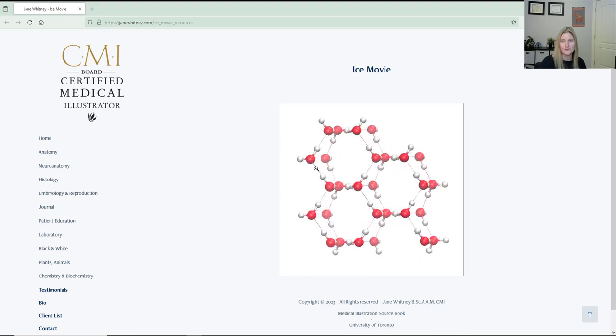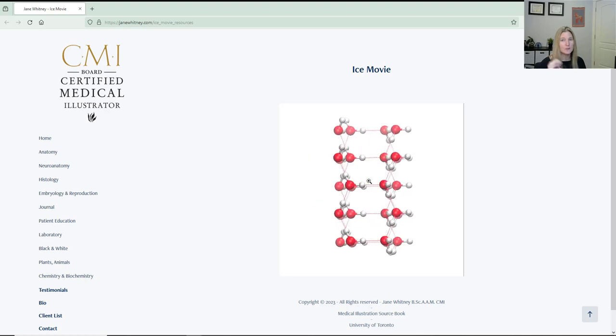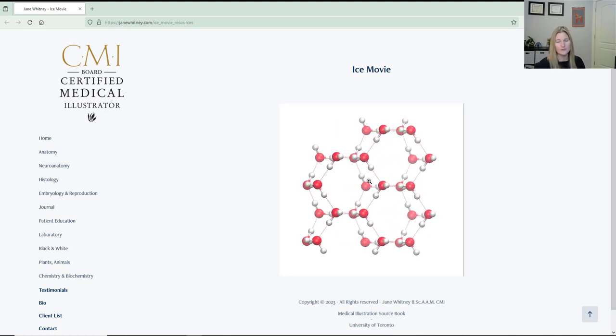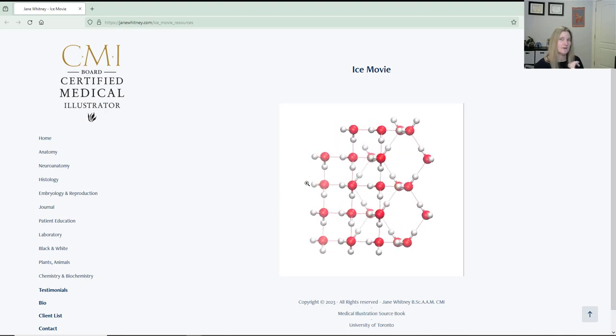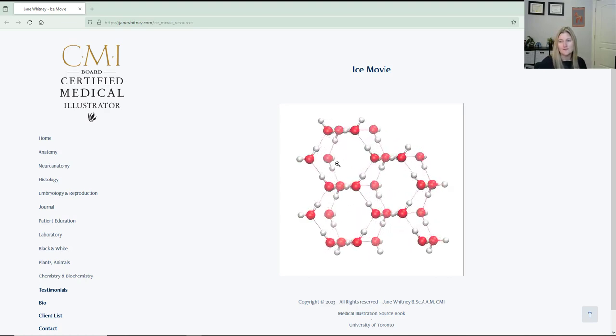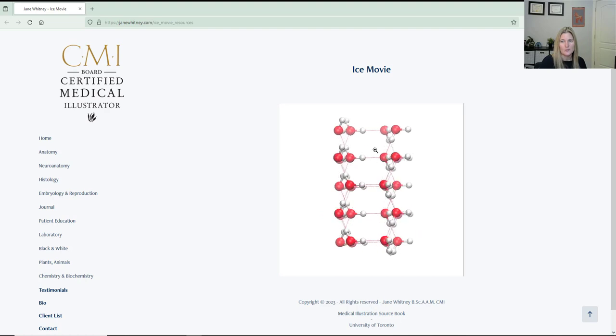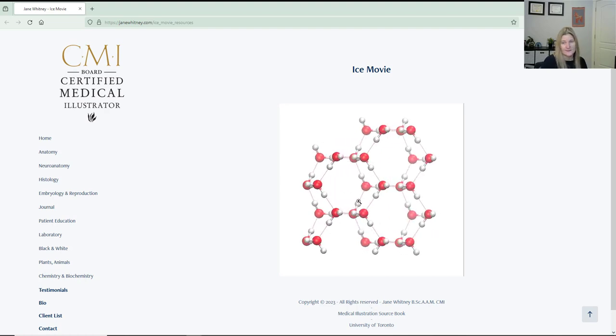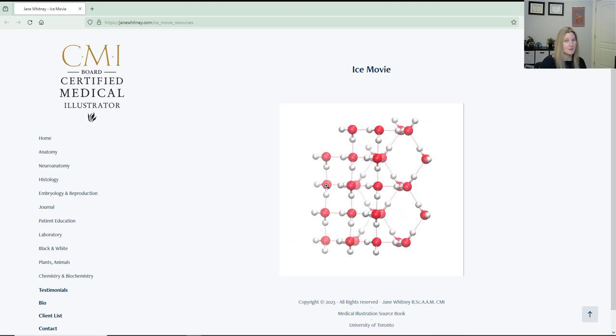And so they're further apart than if it's liquid, where they're constantly breaking and reforming these hydrogen bonds, and so they could be closer or further apart over and over again. So we end up with this lattice structure, which makes ice less dense than liquid.